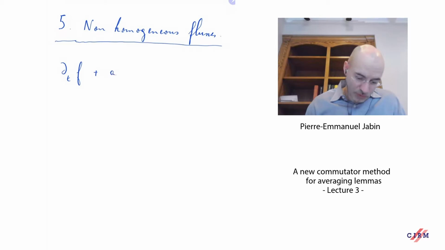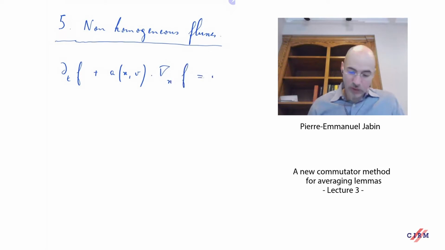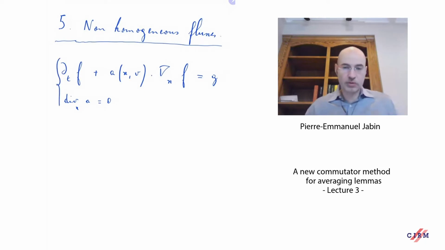So again, let me write down the equation. As I mentioned yesterday, I'm not going to consider derivatives on G or anything like that, just this for simplicity, and I will take A divergence free in X, so that at least we don't have compression waves going in X. So this equation still propagates every LP bound as the one before.